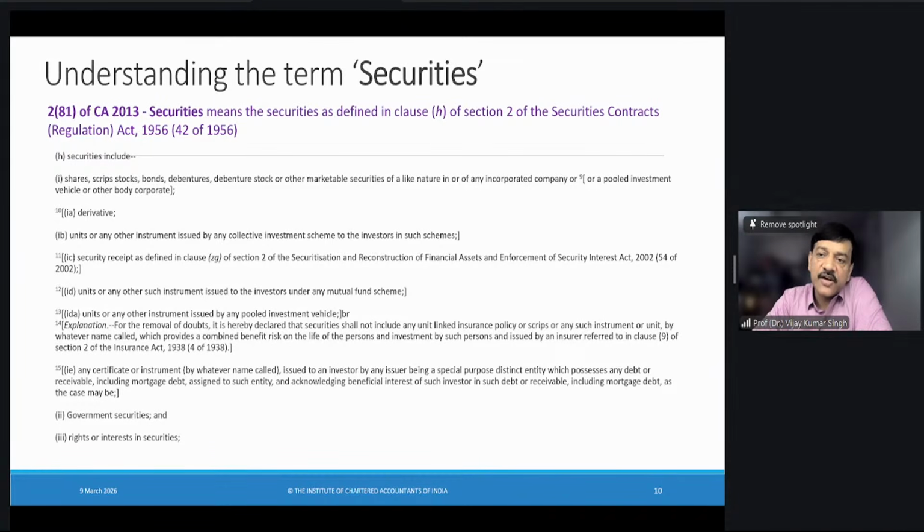It says securities include shares, scrips, stocks, bonds, debentures, debenture stock, or other marketable securities of a like nature in or of any incorporated company or a pooled investment vehicle or other body corporate.